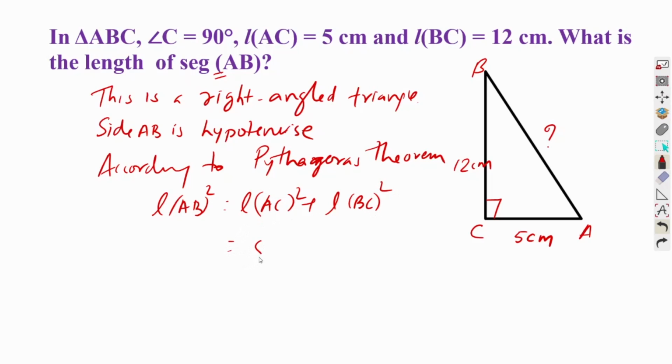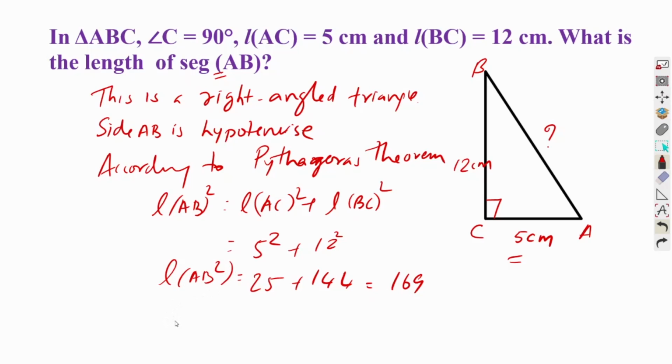Length of AC square is 5 square in this case because it is given here 5, plus length of BC square is 12 square. So naturally you will write 25 plus 144, which is equal to 169. This is length of AB whole square.